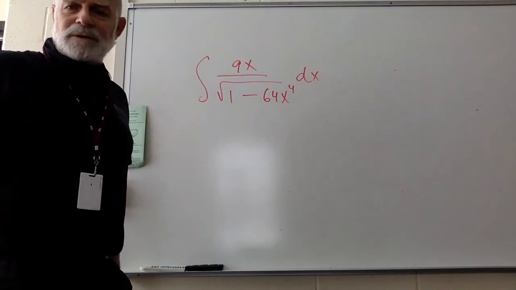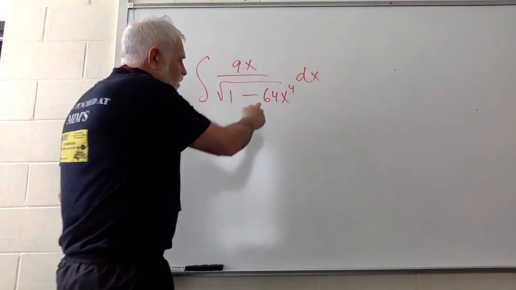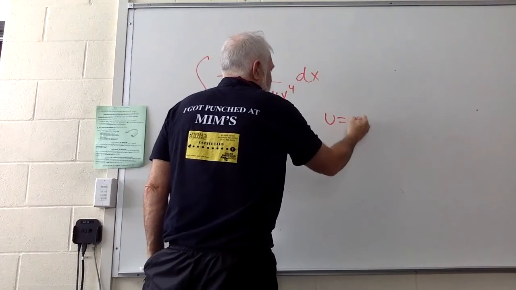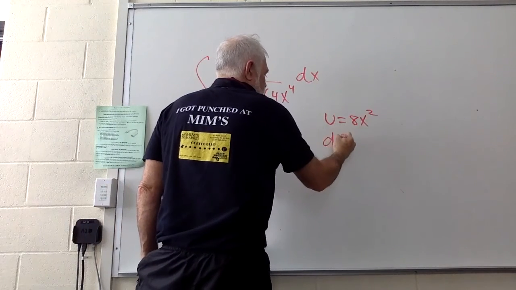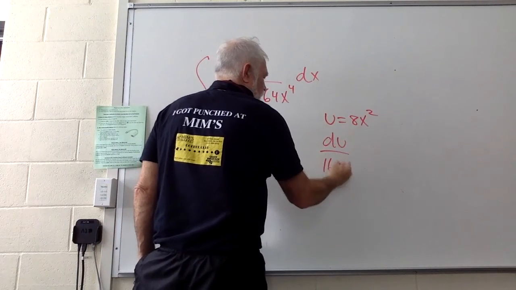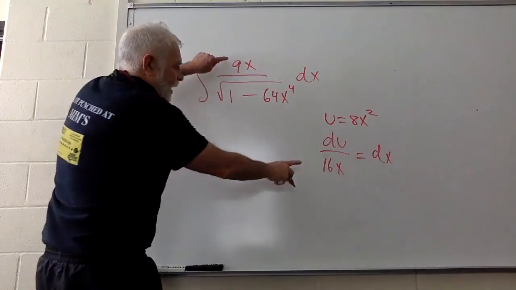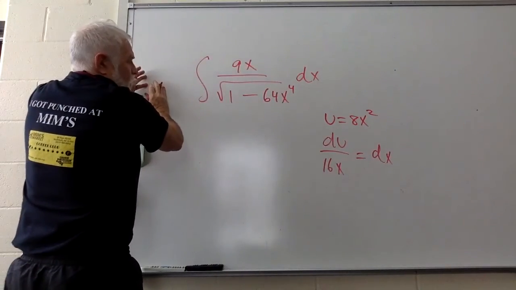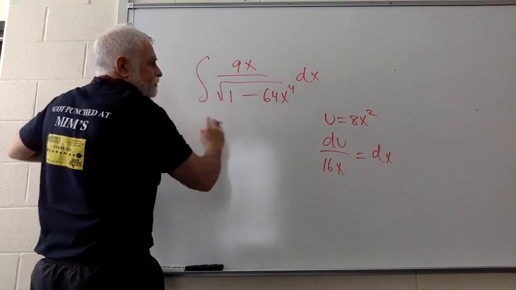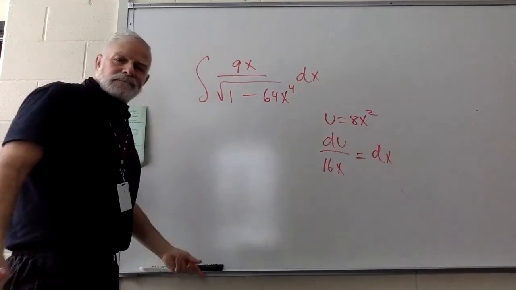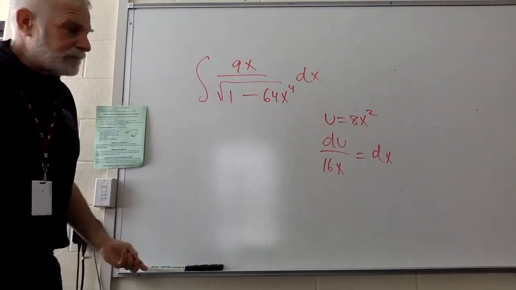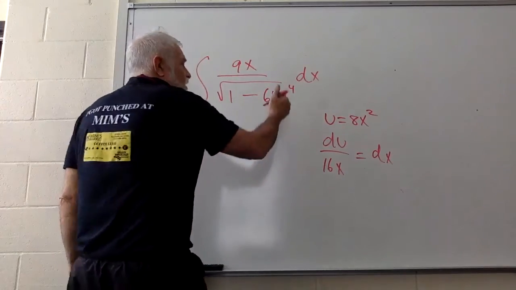Same as arctan, really. It's the same process. You just have to recognize that u is 8x squared, so du is 16x, and that's a new name for dx. And maybe you can see 9/16 coming out, the arc sine of 8x squared plus c. That's what you're after, but let's take our time with it.